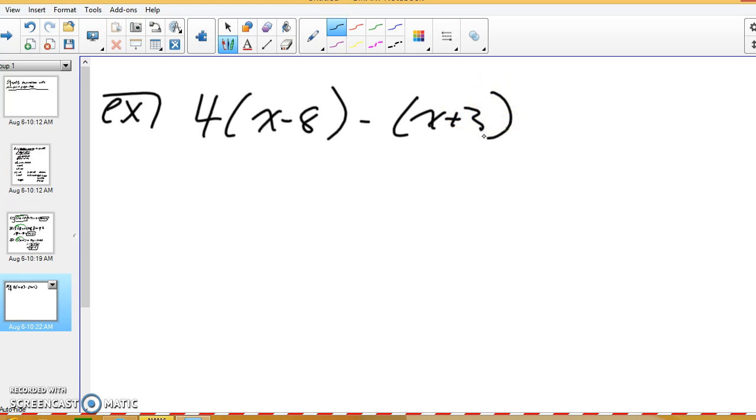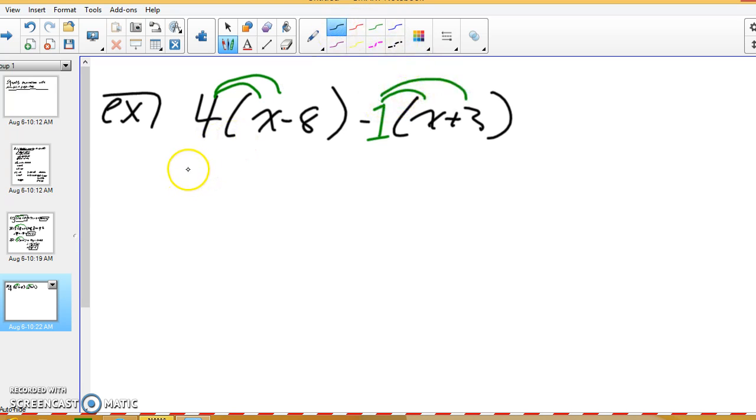Okay, so again, a little bit longer, more complex equation, but if we just break it down step by step, then we recognize this is just the distributive property. I'm going to look at this equation and I see there's a negative in front of my parentheses. I'm just going to automatically put that 1 there just to make it a little bit simpler. And now I'm just going to use the distributive property to distribute these numbers.